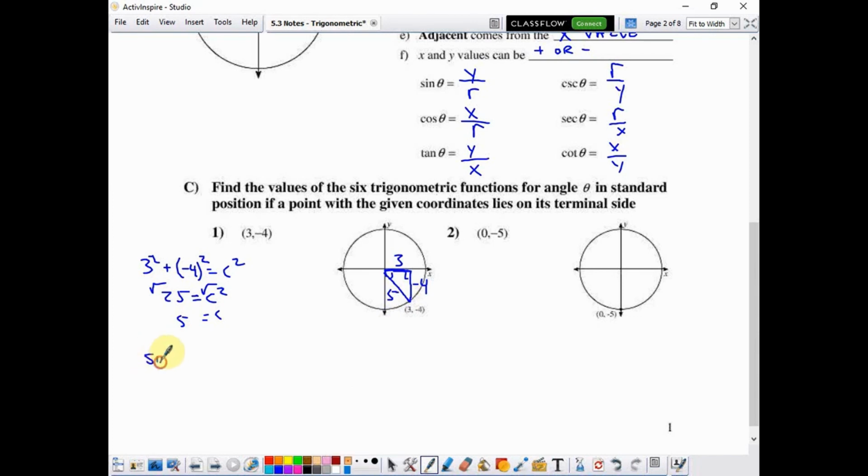So sine theta, there's our theta right there, that reference angle, is opposite over hypotenuse, which is the y value over the radius, -4 over 5.